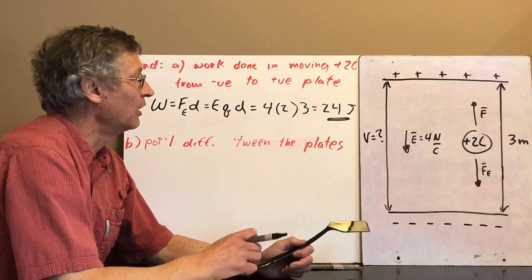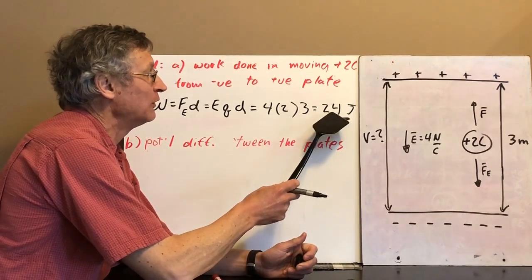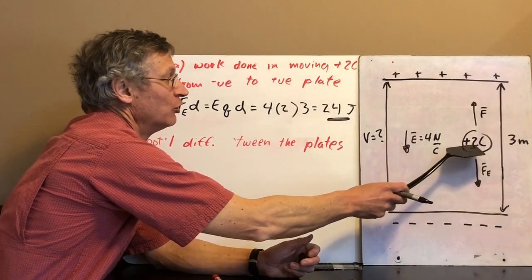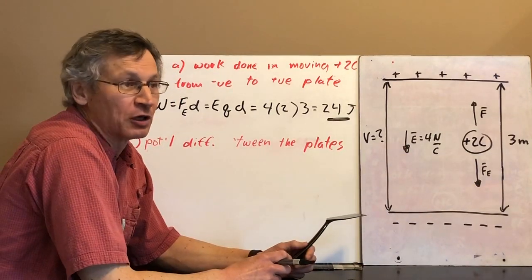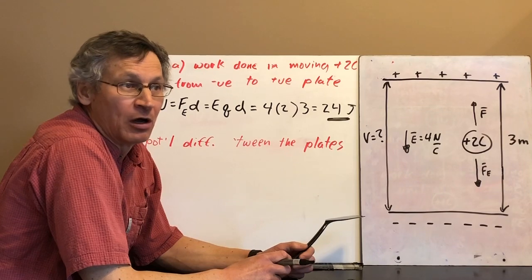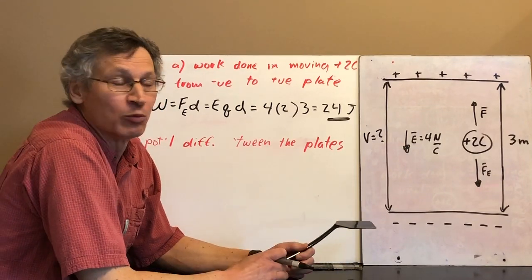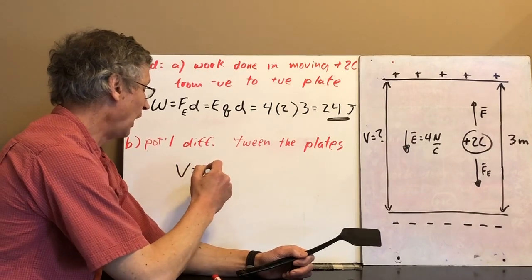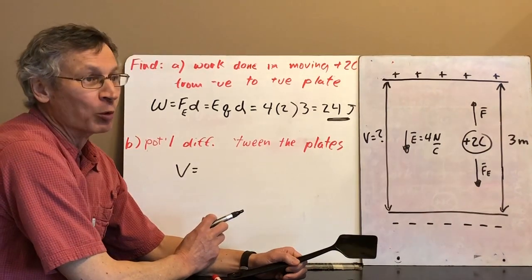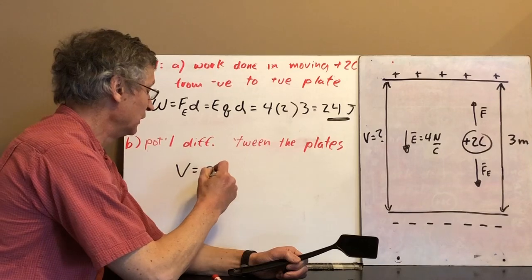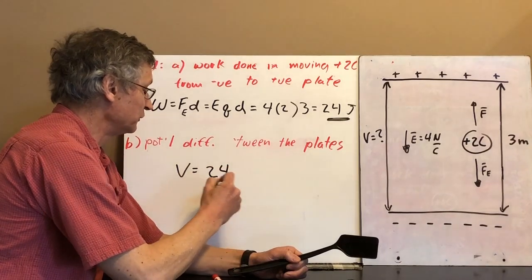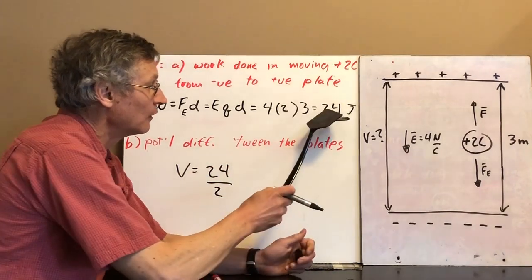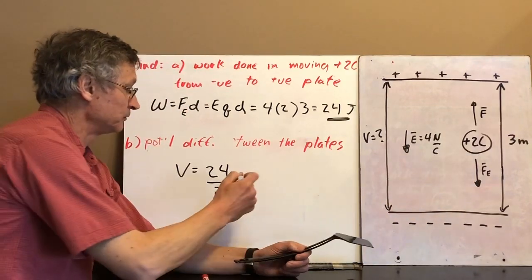So think about it. I did 24 joules on 2 coulombs worth of charge. How much work would I do on 1 coulomb worth of charge? Well, that's easy enough, right? The potential difference, the work per unit charge, is going to be 24 joules divided by 2 coulombs.